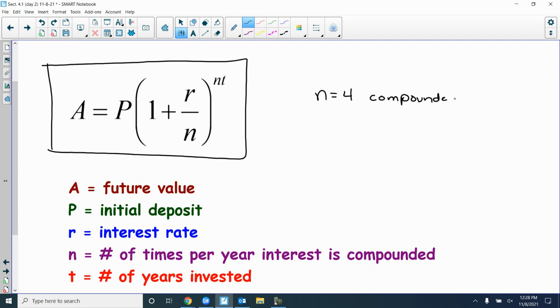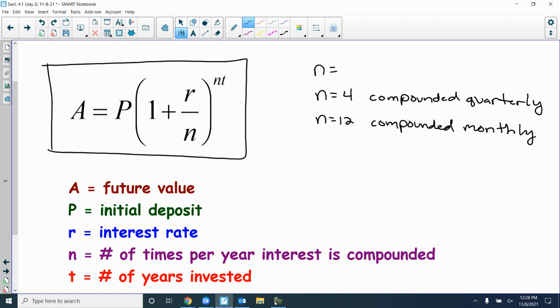That's how that's referred to. If n equals 12, compounded monthly. And n equals 1 would just be compounded annually.